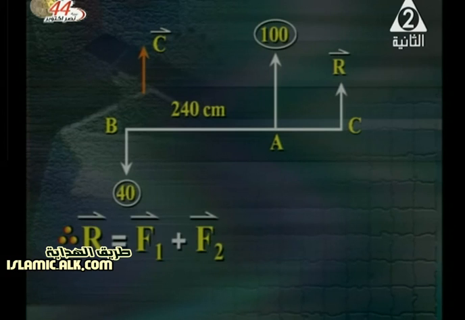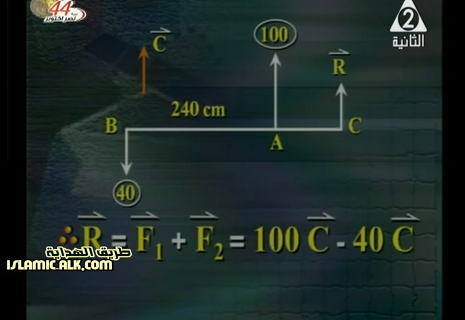After that, we have the resultant, the sum of the two forces. R vector equals F1 plus F2 equals 100C minus 40C equals 60C. R is 60C. In this case, R equals F1 plus F2, but F2 is in the opposite direction so it must be negative 40. Then R equals 100C minus 40C equals 60C.